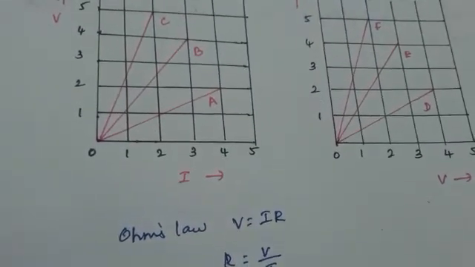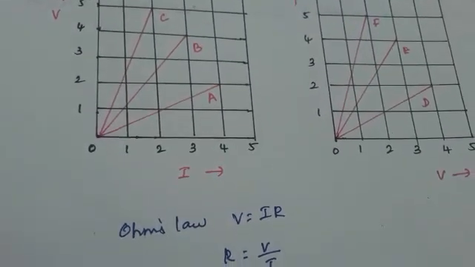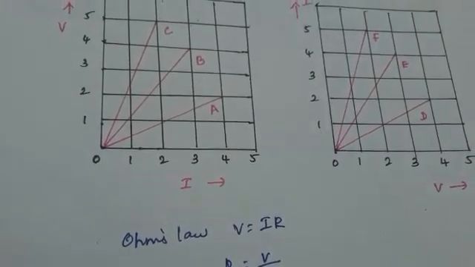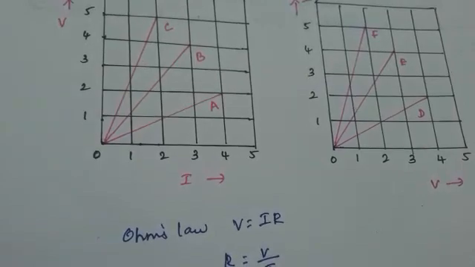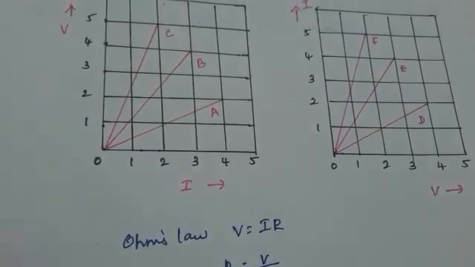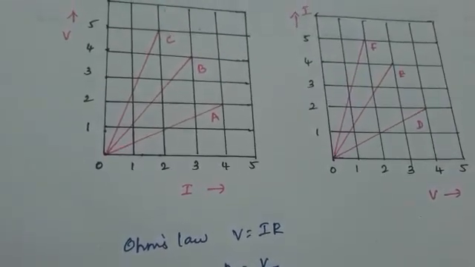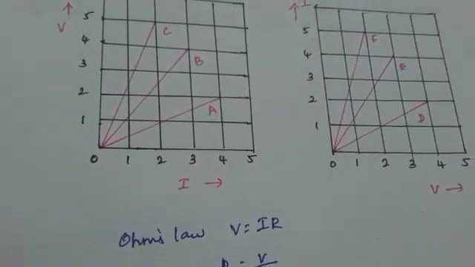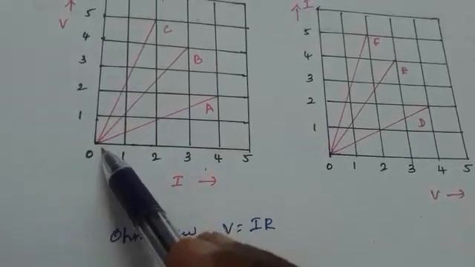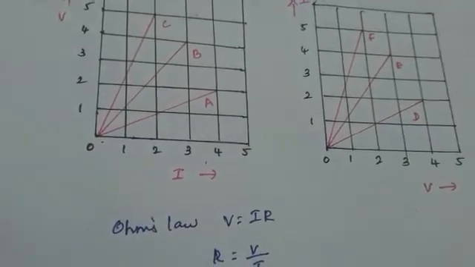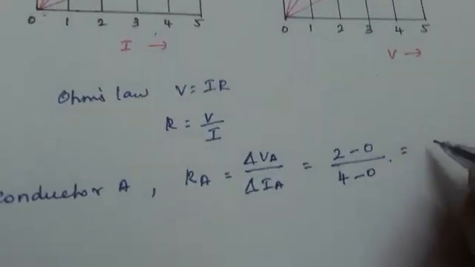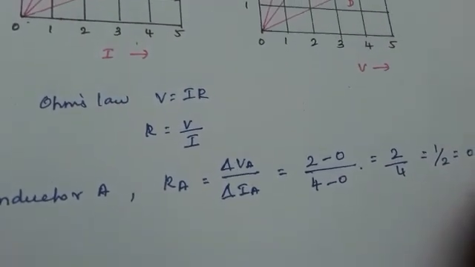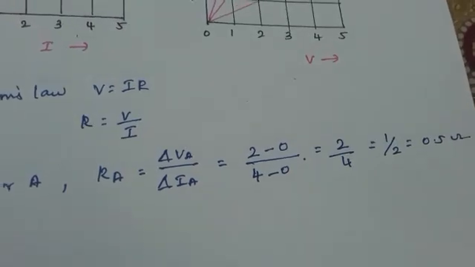On the y-axis, V is 2 minus 0, final is 2, initial is 0. On the x-axis it is 4 minus 0. So it is 2 by 4, that is 1 by 2, which is equal to 0.5 ohm.